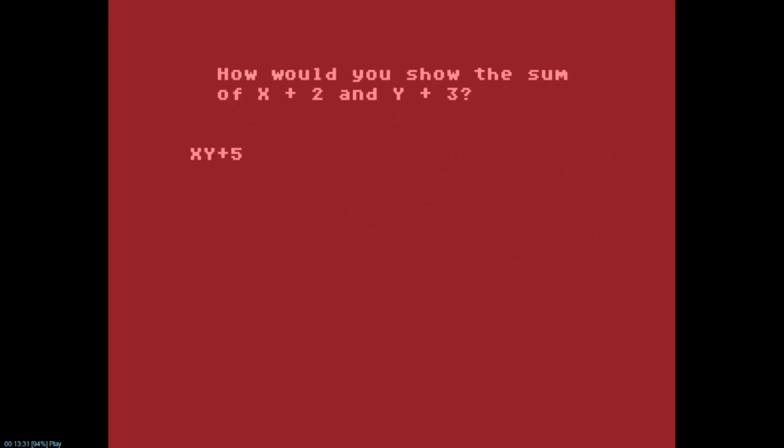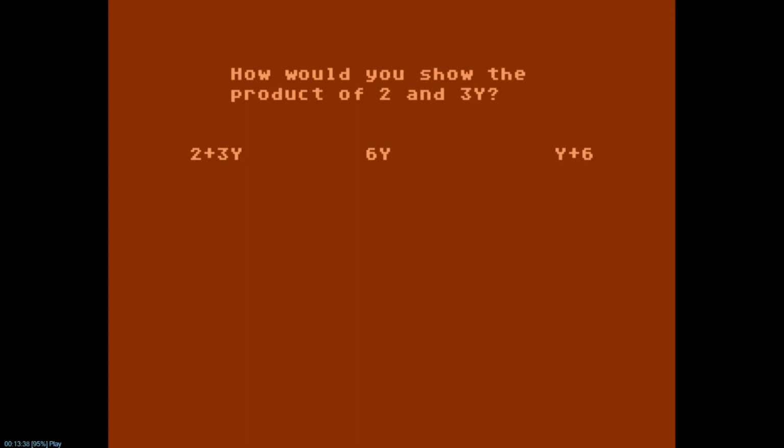How would you show the sum of 2x and 4x plus 3? How would you show the sum of x plus 2 and y plus 3? How would you show the product of 2 and 3y? Remember, a product is the result of multiplication.